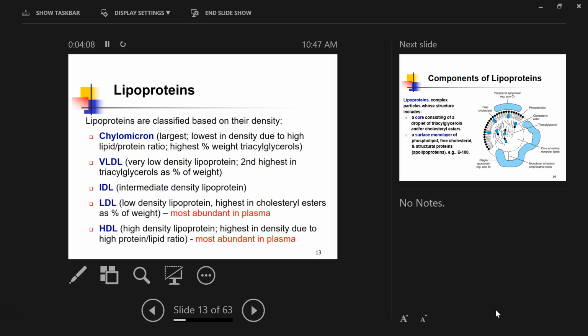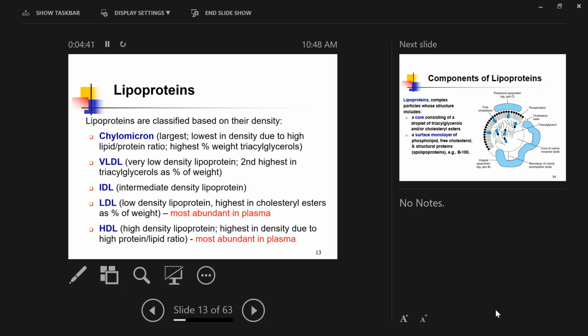So we have basically different lipoproteins in our body, particularly present in the plasma, in the circulation. And what is the main function of lipoproteins? Why do we need lipoprotein? Carrier of lipids, right? So transport lipids between tissues. So this is the main function.